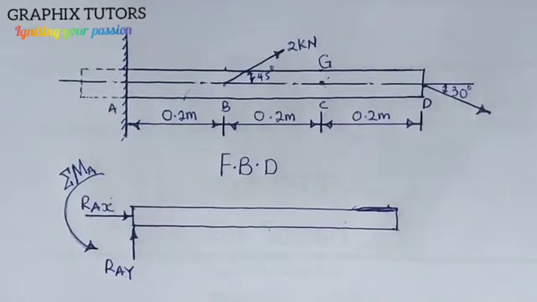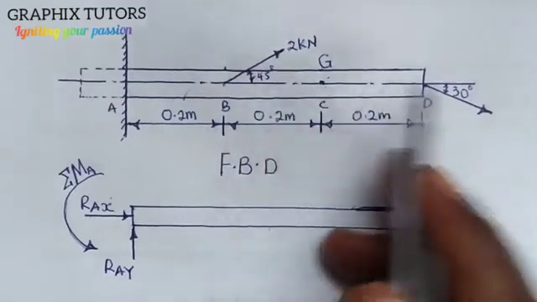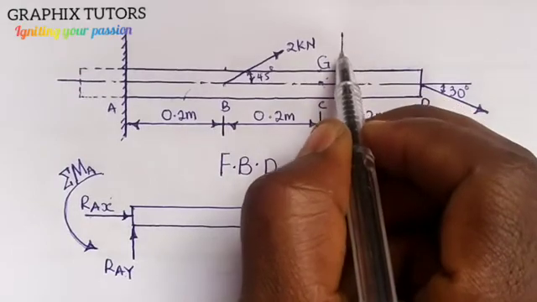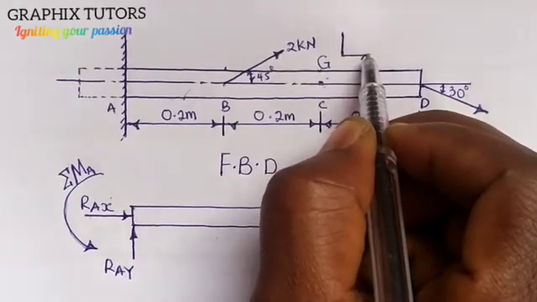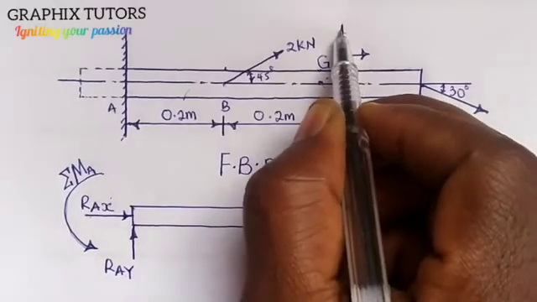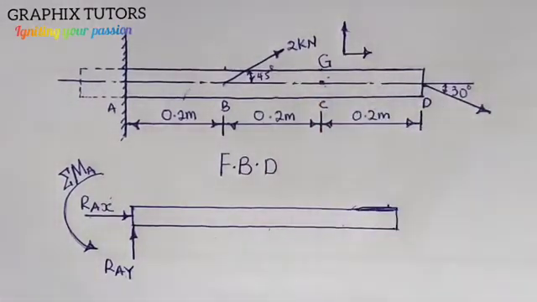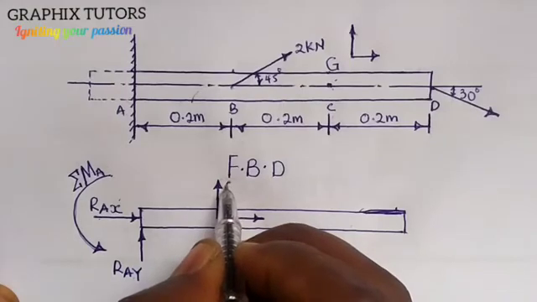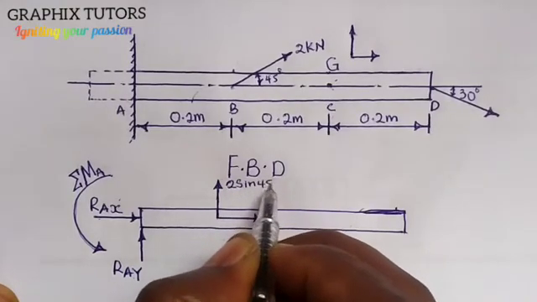The next one we'll have is 2 kilonewton, which is inclined, and when it's inclined, you are having two components. So we have this facing up and this facing down this way. When I place it there, I'll be having something like this. At this point it will be 2 sin 45, and this is 2 cos 45.